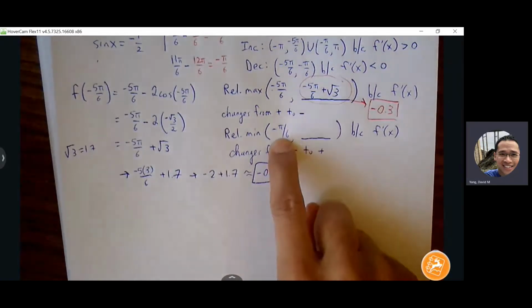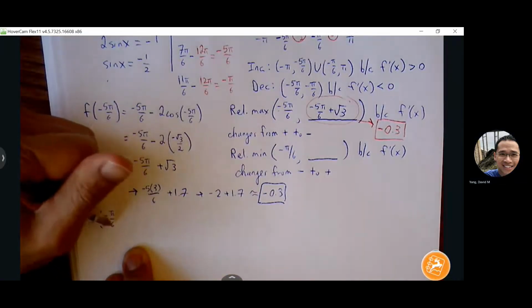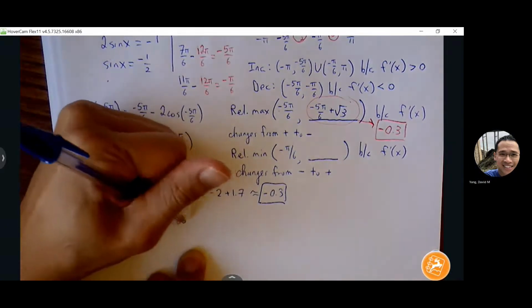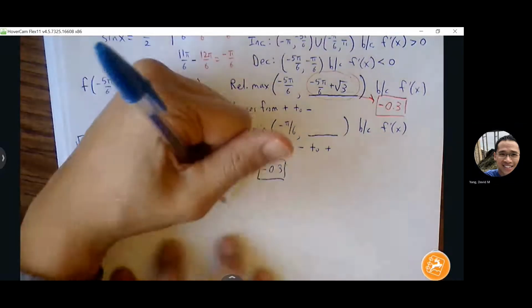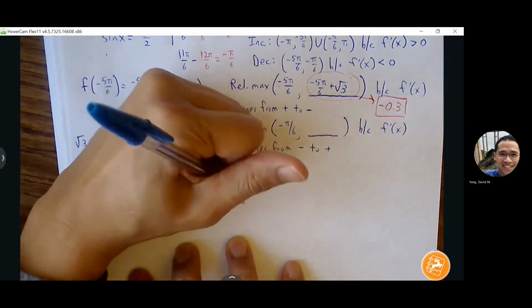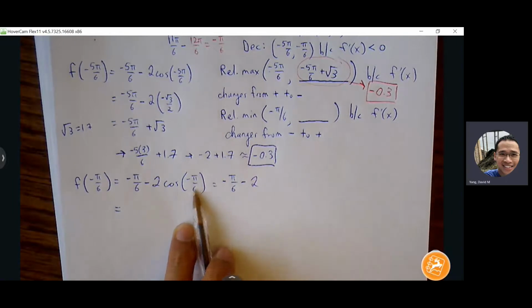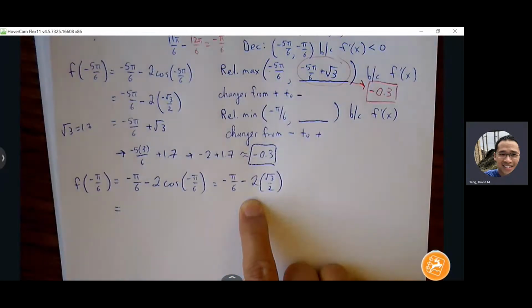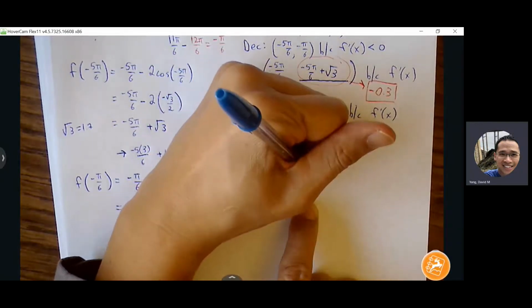Okay, same thing, relative min. We can insert this into the original function. Cosine of negative pi over 6, that's the fourth quadrant. Fourth quadrant is going to be positive for cosine, so root 3 over 2. So here we get negative pi over 6 minus root 3.